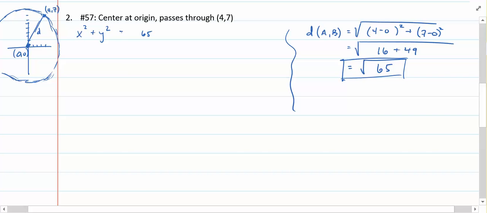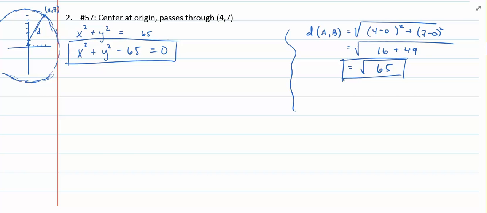And what we're left with is the equation x² + y² = 65. Now, if I wanted to record this in expanded form, there's not a whole lot of expansion that I have to do on the left side, but I do want to set this equation equal to 0. So we'll call this x² + y² - 65 = 0, and that would be a nice solution. This is the equation of the circle in expanded form.